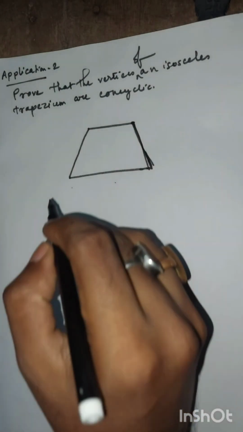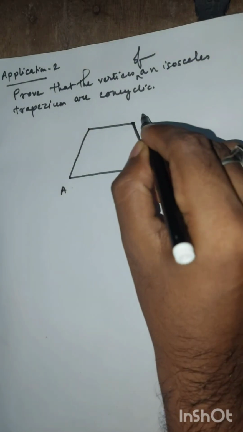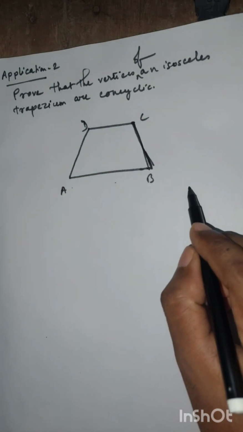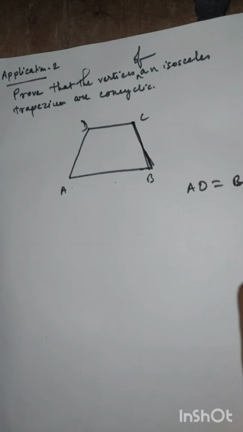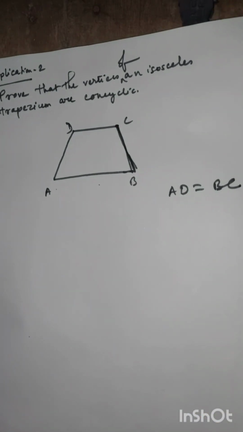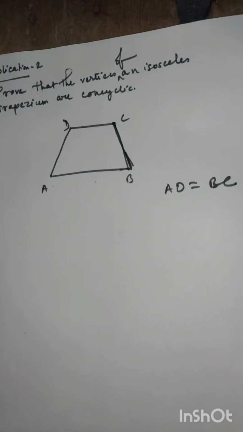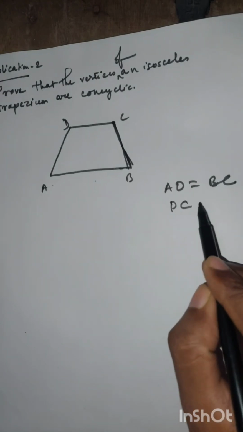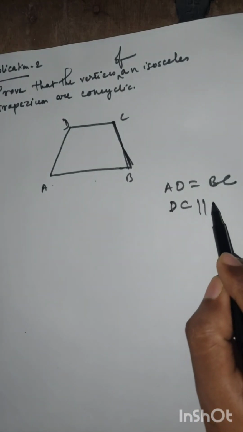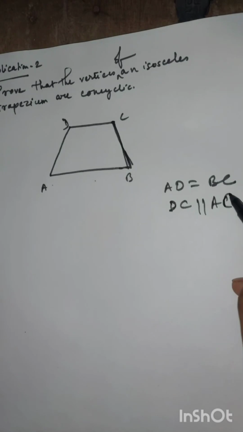That means the non-parallel sides are equal. Isosceles trapezium means a trapezium in which its non-parallel sides are equal. Now, DC parallel to AB.